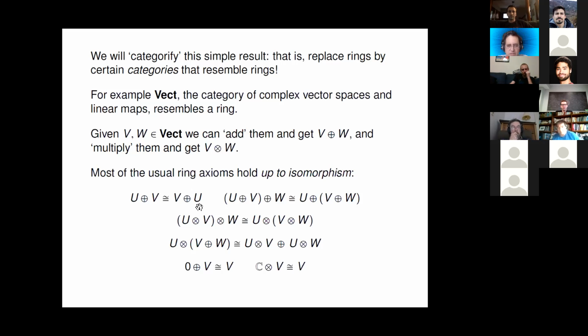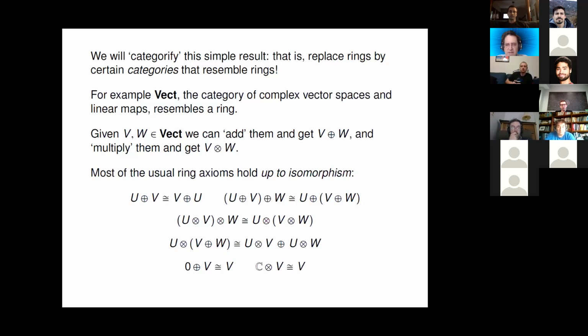But there's an isomorphism between them. So the commutative law, the associative law of multiplication, the distributive law, and the laws for adding 0 and multiplying by 1. Notice that C is the one-dimensional vector space. They all hold, but they all hold up to isomorphism.